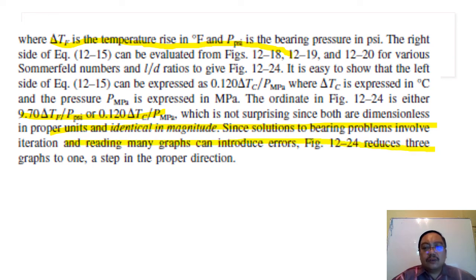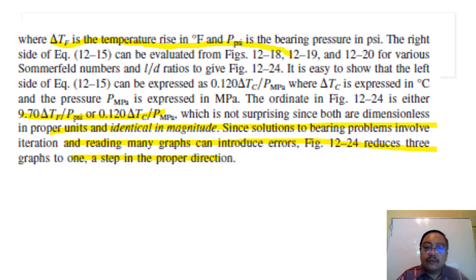Figure 12.24 reduces three graphs into one step in the proper direction, meaning that in doing this, a lot of graphs you must read.